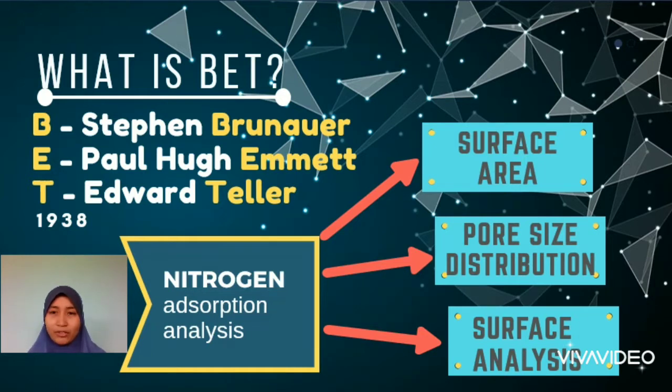We focus on three areas. First is the surface area of the material that we want to analyze. Second is pore size distribution, which is the pore size on the surface of the material. And third is surface analysis.